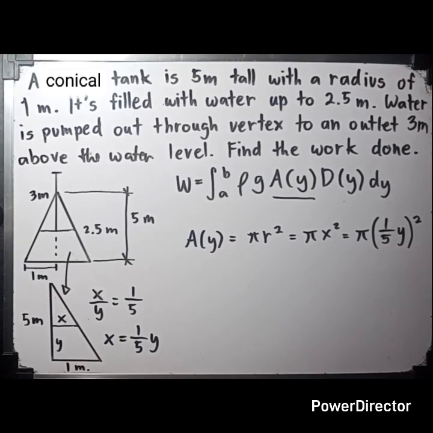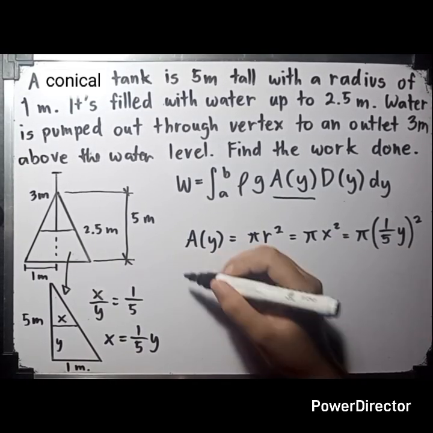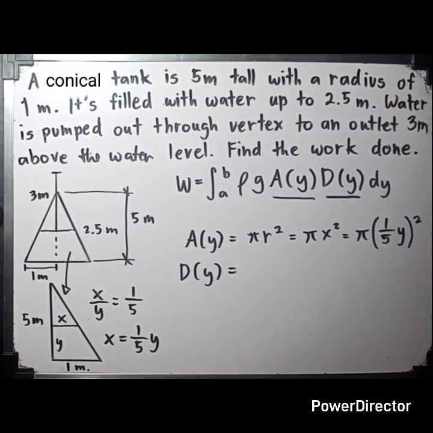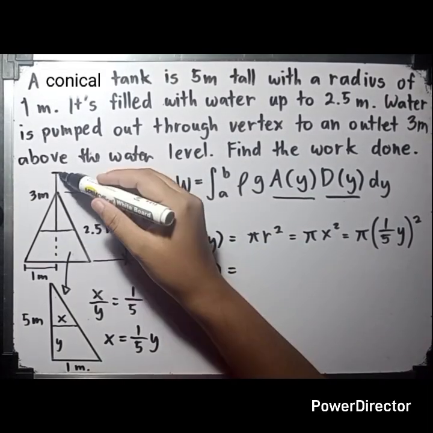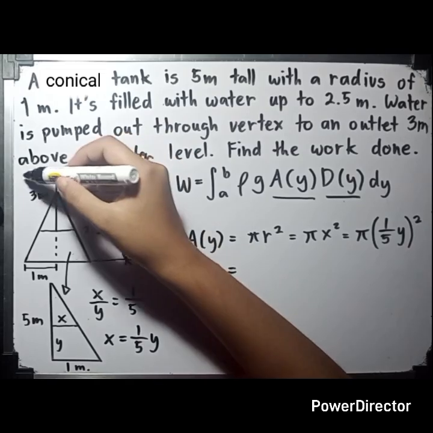As for d of y, this is the vertical distance where the differential slices must be lifted. So we first find the total distance starting from the bottom to the outlet.